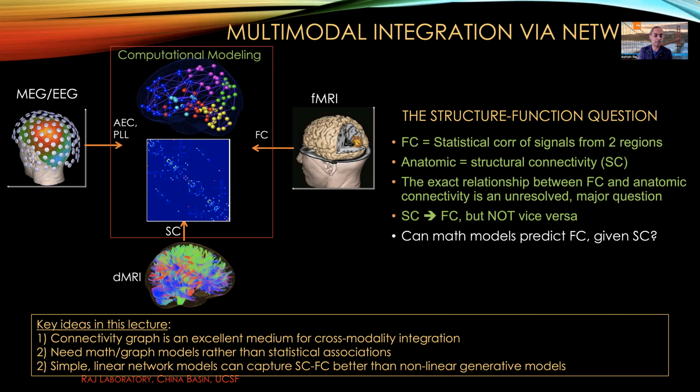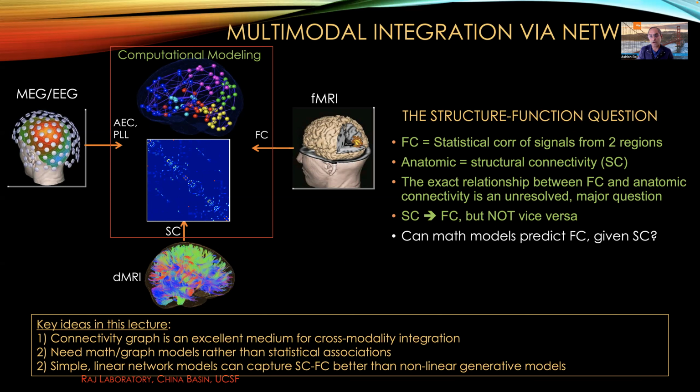And the key idea in this lecture is exactly that to explore these multimodal integrations, a graph theoretic approach is an excellent medium. But we need to go beyond statistical graph models and look at mathematical and computational graph models. And one key aspect in this lecture that I wish for you to take home with you is that simple linear network models can capture this structure-function relationship perhaps better than nonlinear or generative models.